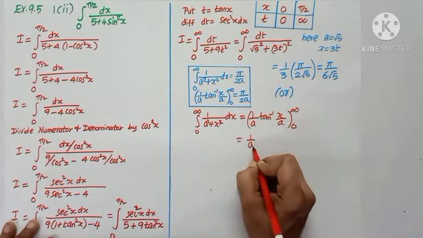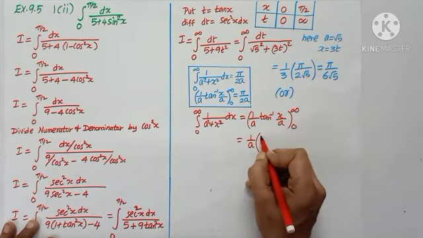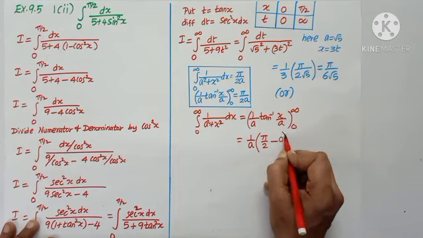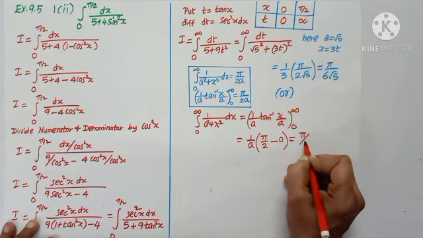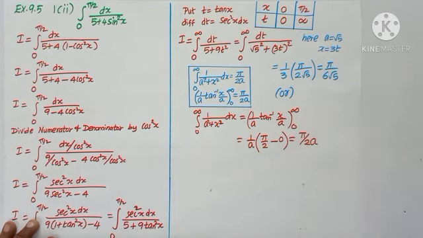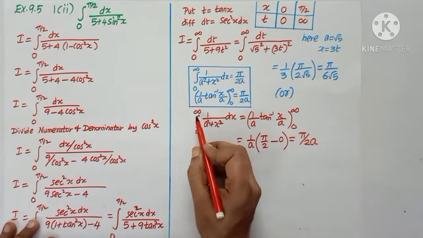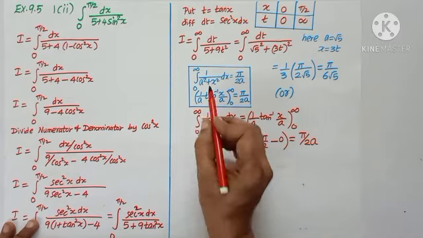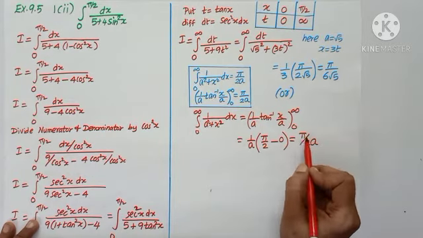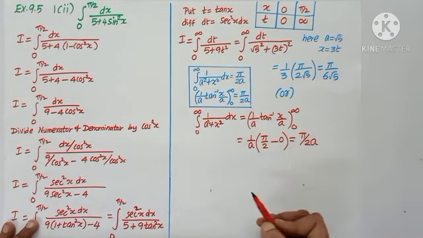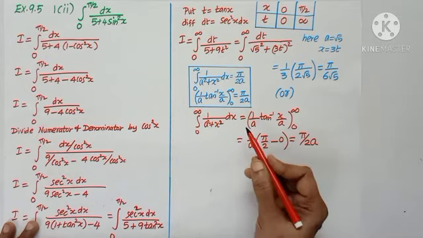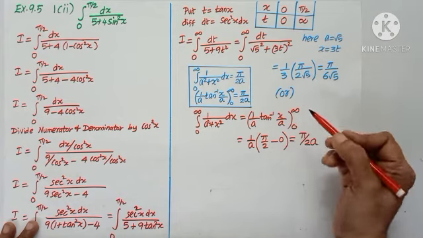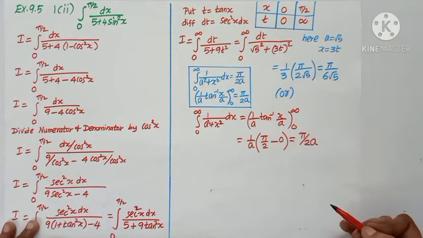That is 1 by a tan inverse infinity gives me pi by 2. Tan inverse 0 gives me 0. So what is my answer? Pi by 2a. If the limits are 0 to infinity, for one word problems, it is good that we remember the answer pi by 2a. Or else, you apply the formula and then apply the upper limit, lower limit and arrive at the answer.